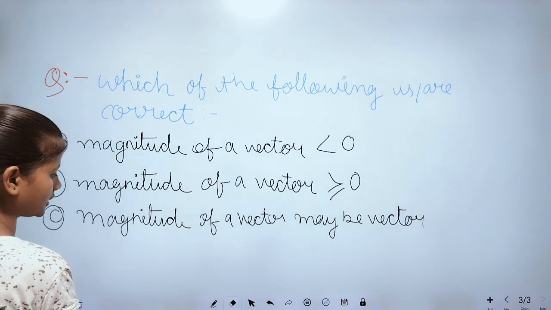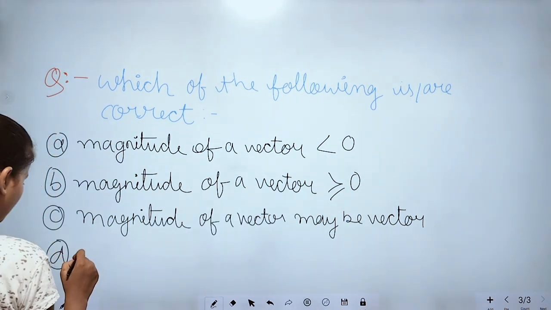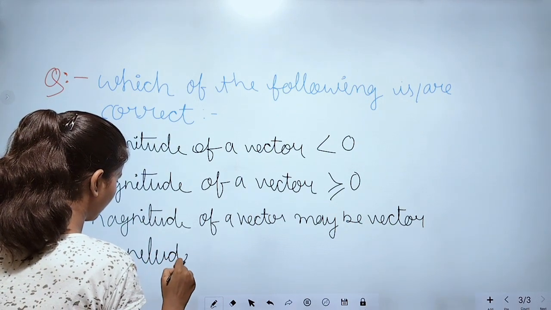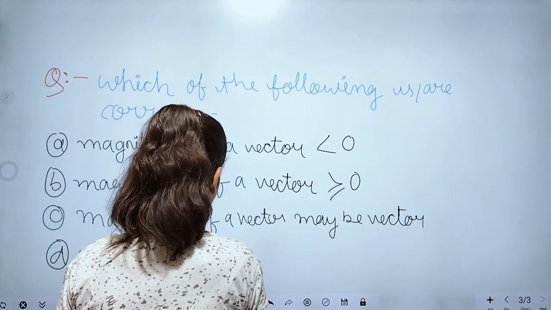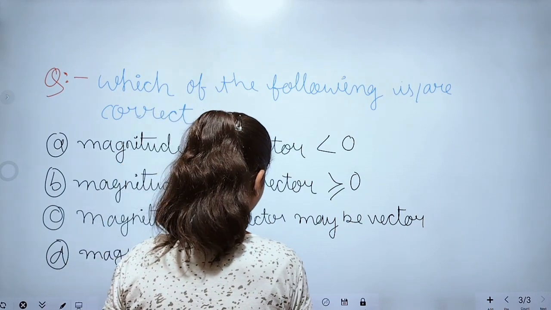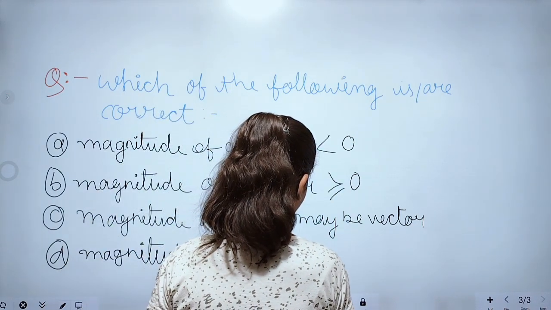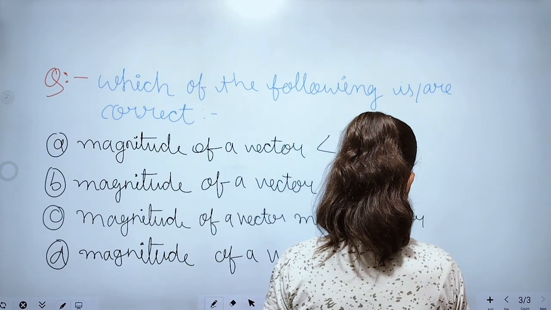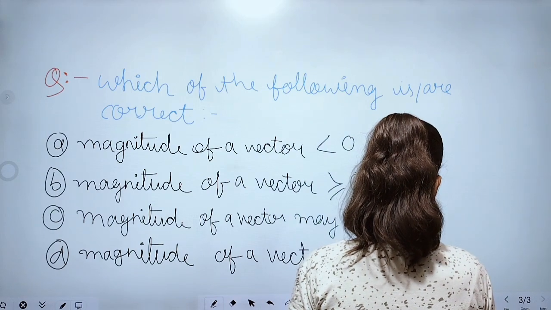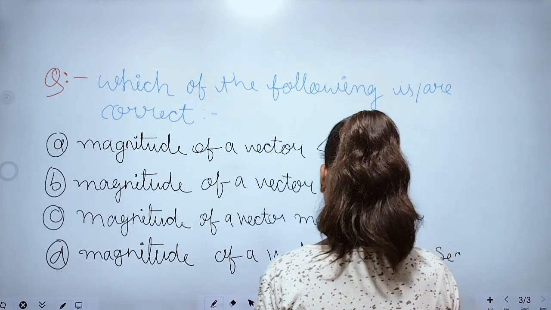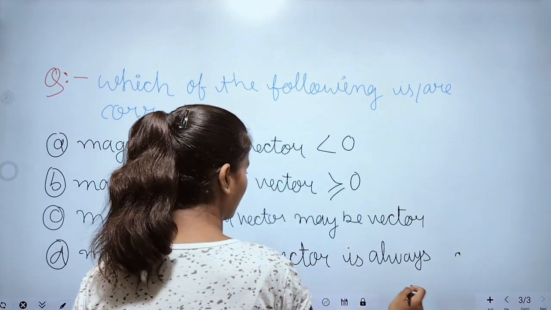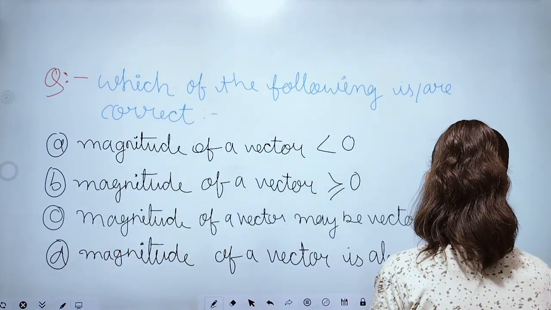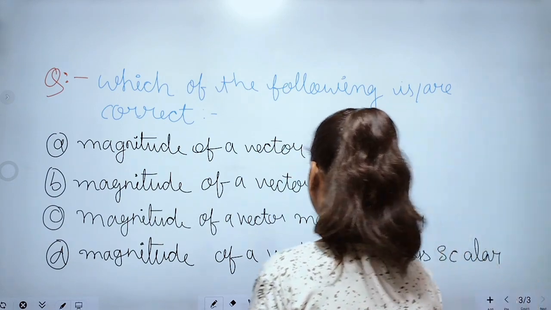D. Magnitude of a vector is always scalar.